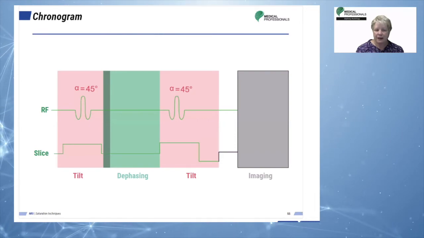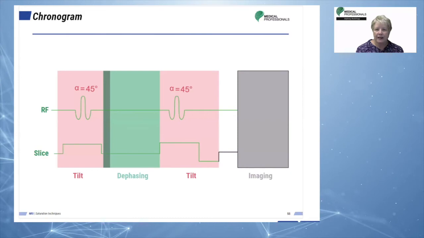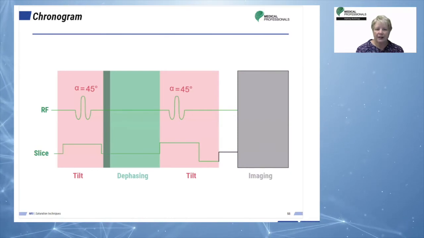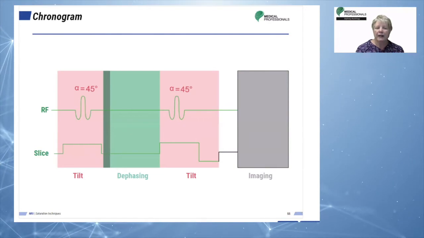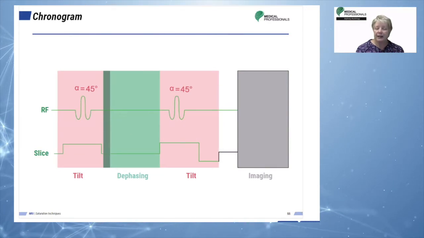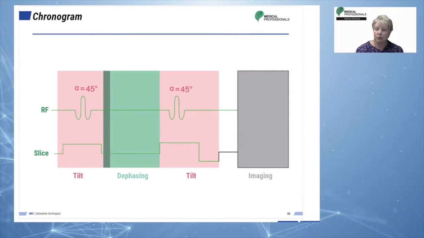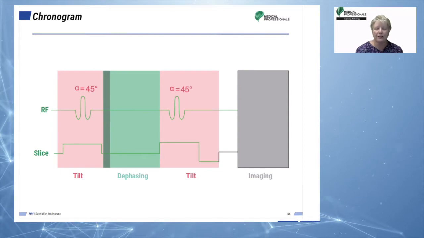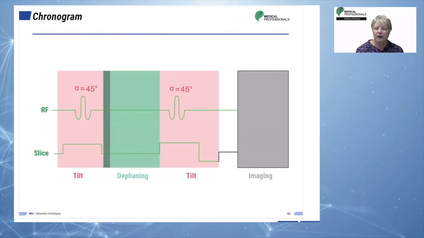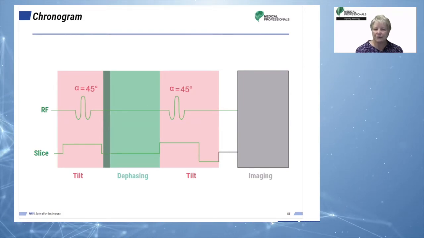Fat and water vectors will be exactly 180 degrees out of phase. At this time, a second non-selective RF pulse is applied. We can then notice that the second non-selective 45-degree pulse will rotate the fat vector back to its original position along the z-axis, while rotating the water vector entirely into the transverse plane.